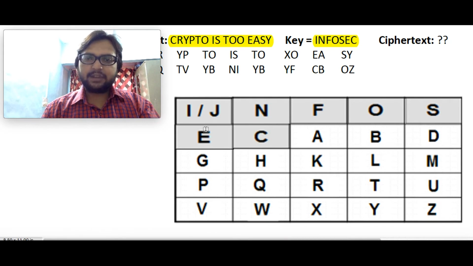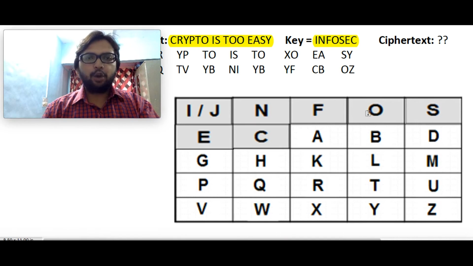Then E. E is also present in our key, so after E we have F. F is also present, so we are not going to write that either. Then after F we have G, H, then I we have in our key, I, J. We have a common box only for I and J. Then K. K is not present in our key, so we are going to write K, L, M. Then N is also present in our key, so we are not going to write N. Then O is also present.